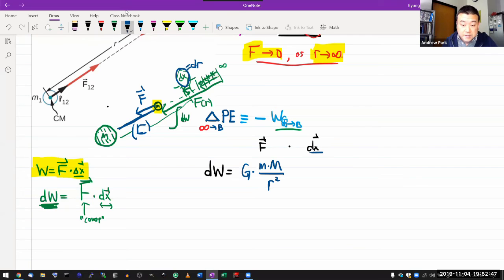So this dx should be dr. And what I need to be careful about here is the relative direction of the force and dx. So the force points inward. Good. And, oh, this is where I have to be careful.